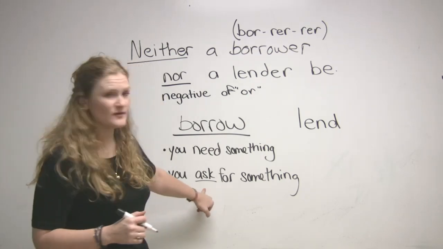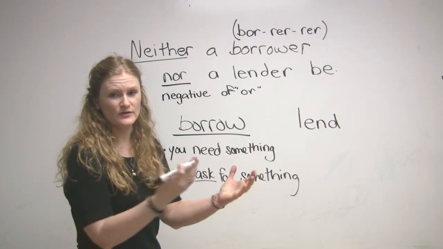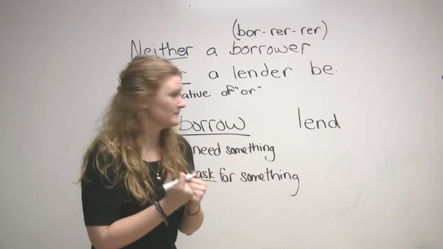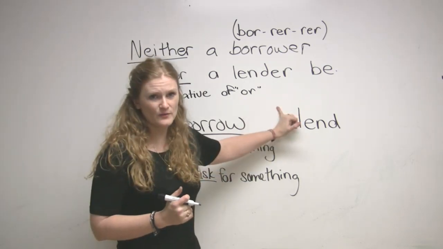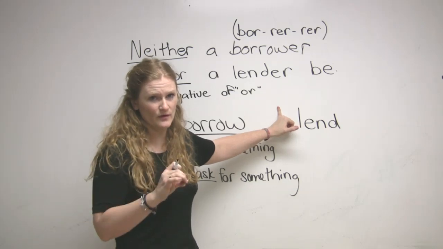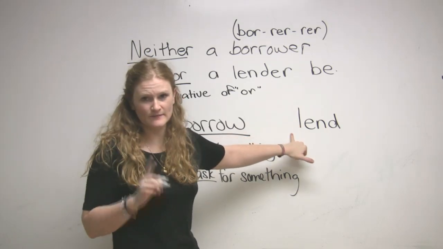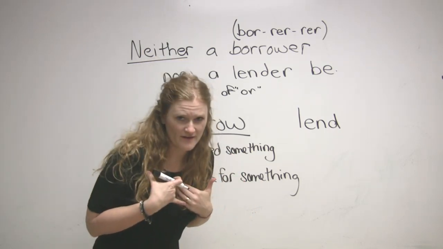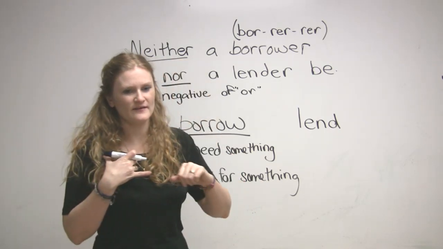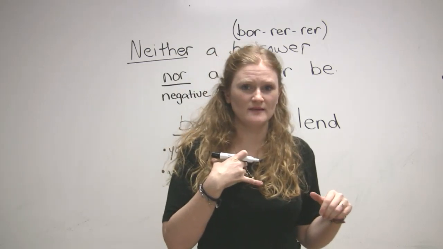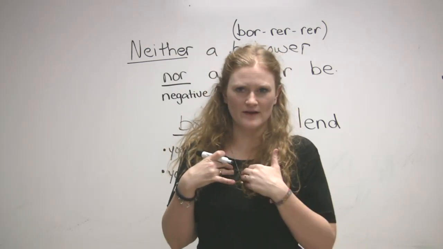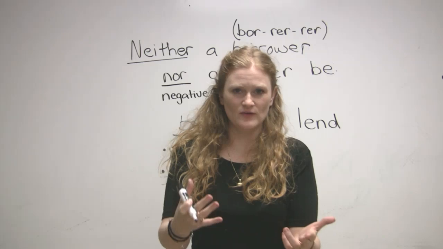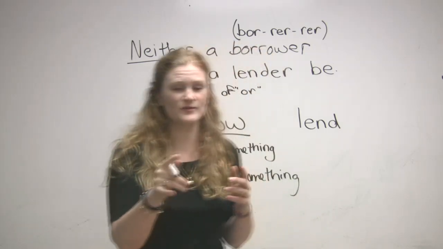So you are in need of the thing. Now the other word that's very close to borrow is lend. In this case, it's the opposite. If I had a car and you didn't have a car, you would ask me if you could borrow my car. I would lend you my car. So this is the way this works.